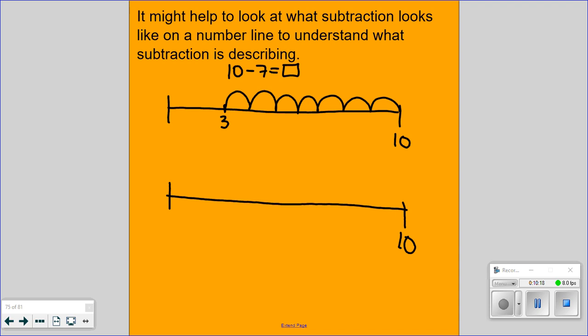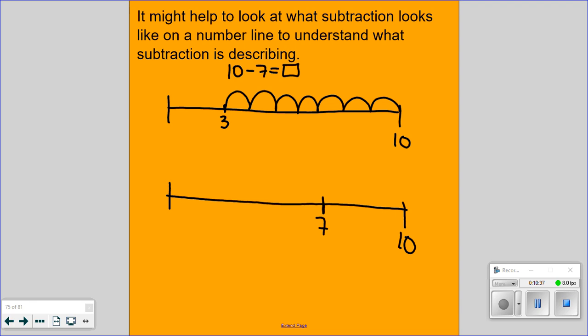Or what is the distance in between the number 7 to the number 10? So let's put 7 on our number line. It's going to be here-ish. Right? So far, so good?